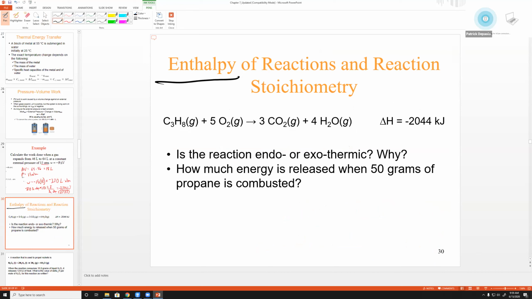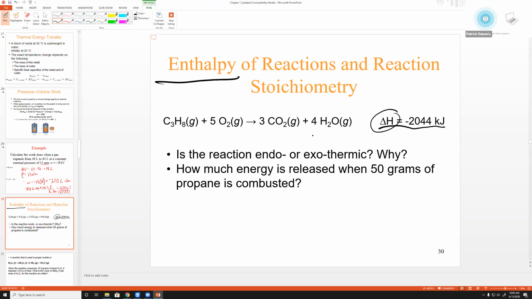Associated meaning it could be released, it could be gained, but here is how it's denoted: delta H. Think about it as the heat of a chemical reaction. Delta H could be either positive or negative. If it's positive, it's endothermic. If it's negative, it's exothermic. So I just gave you the answer for number one. Is it endothermic or exothermic? It's exothermic because the enthalpy has a negative sign.